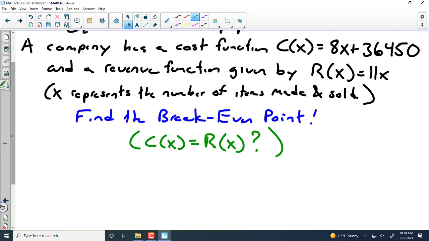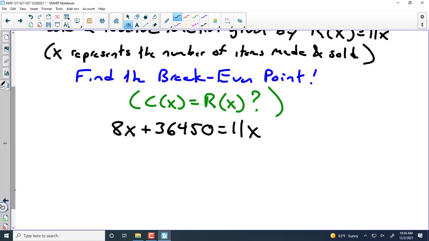So like most story problems that we do, the big thing is just figuring out what it's asking you to do. And then the math is not really any worse than any other problem. Because really what you're supposed to do, if they ask when does cost equal revenue, is set the two equations equal to each other and solve for x. Can we all solve that for x, especially if we're allowed to use a calculator? Yeah. I would just subtract 8x from both sides.